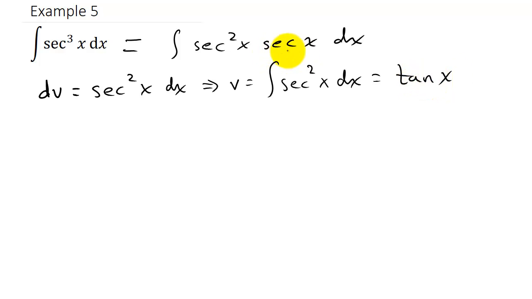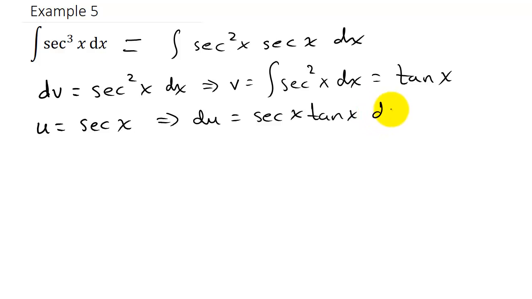And so that means u is going to be secant x. So u is secant x. So du, and do you remember this formula? That's secant x tangent x dx.